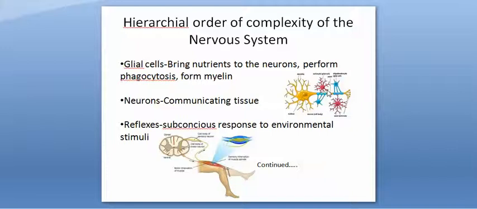And then they also form myelin, which is this fatty sheath. So if you look at these blue cells, you'll see how they have long projections that wrap around the axon of the neuron. So here, this is the body of the neuron. Here are the dendrites, and then here's the axon. And the axon has this fatty sheath we call myelin.